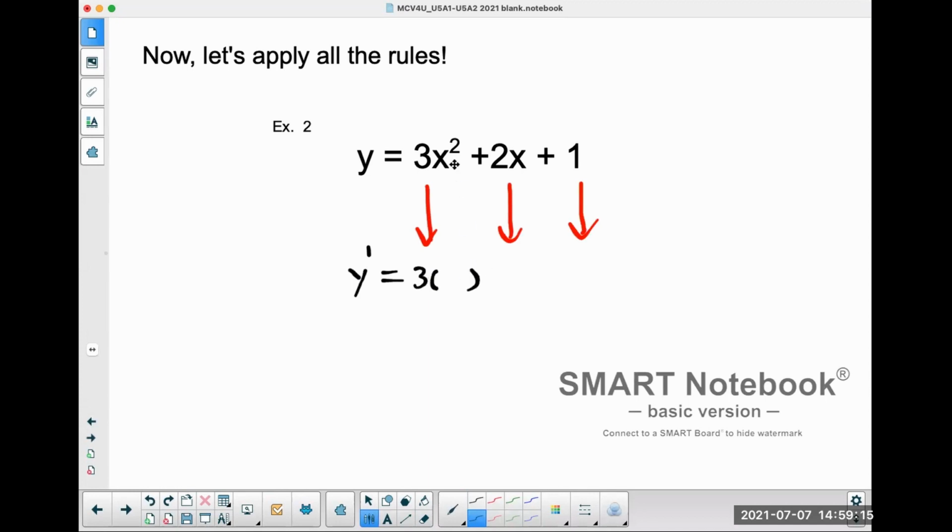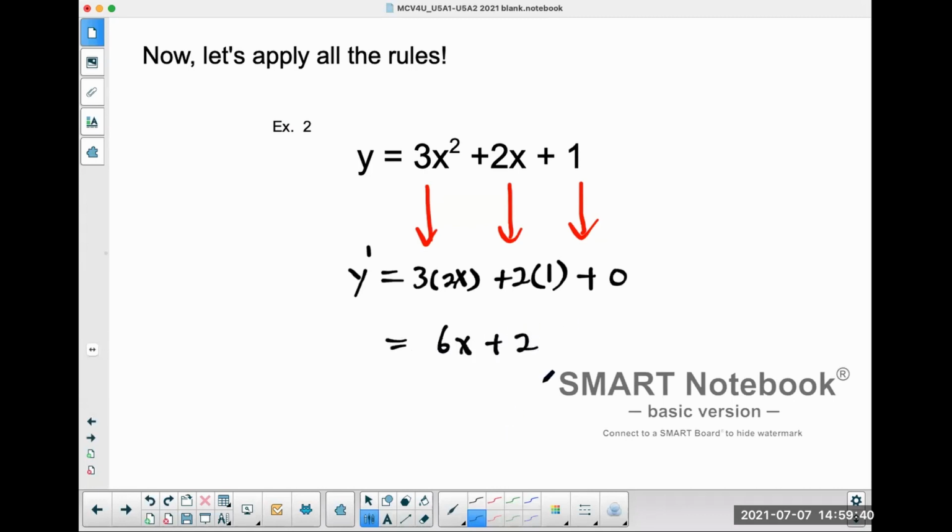And then you take the derivative using power rule. Coefficient, you carry down. Power rule. Coefficient, that's not a coefficient because this is a constant. Derivative of constant is 0. So the final answer is 6x plus 2.